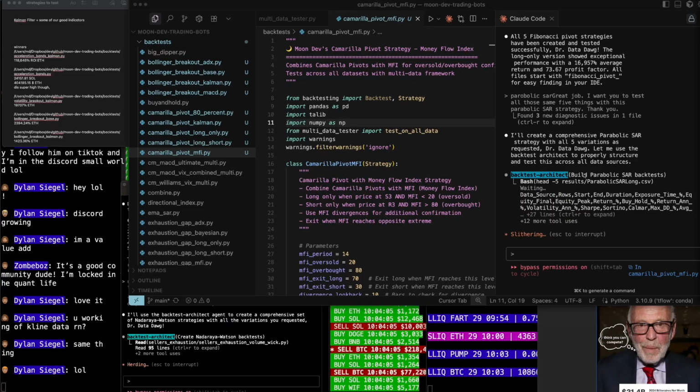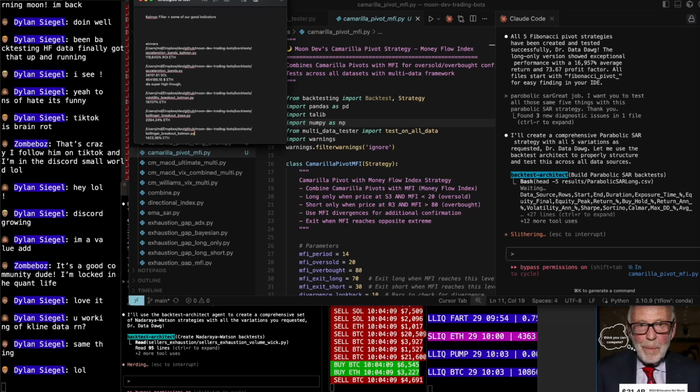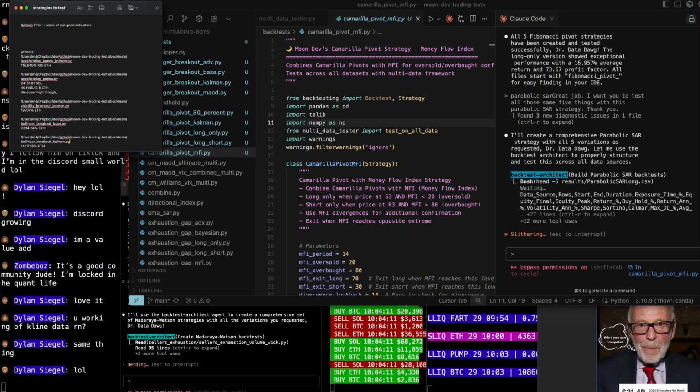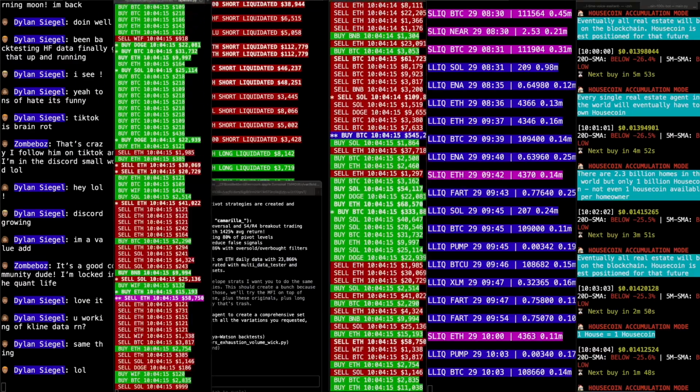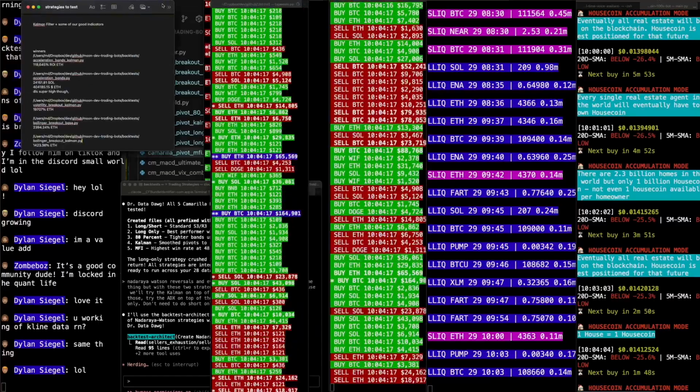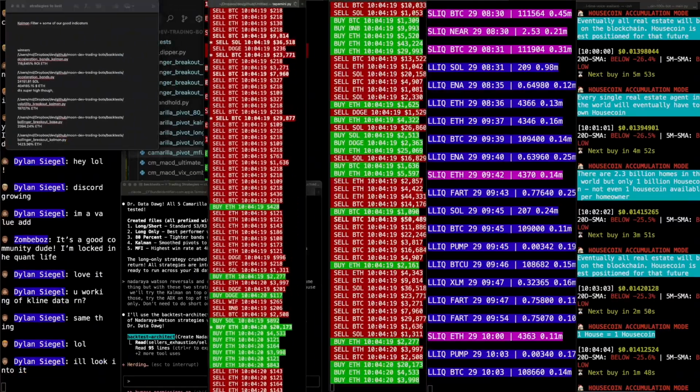So we've got the backtest architect over here and the backtest architect over here. We've got two of them running, of course. Why wouldn't we? Tell me why we wouldn't.